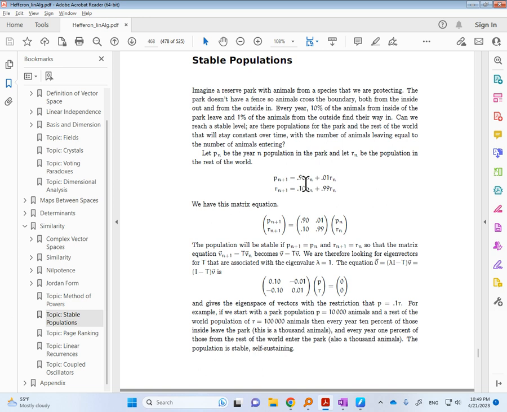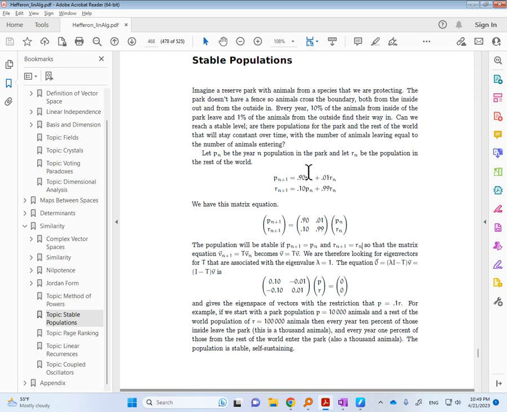All right. So here is the case of a stable population, where from time to time there is no shift in the balance between inside and outside the park. You may start out with all the animals inside the park, and then slowly they're going to leak outside the park.